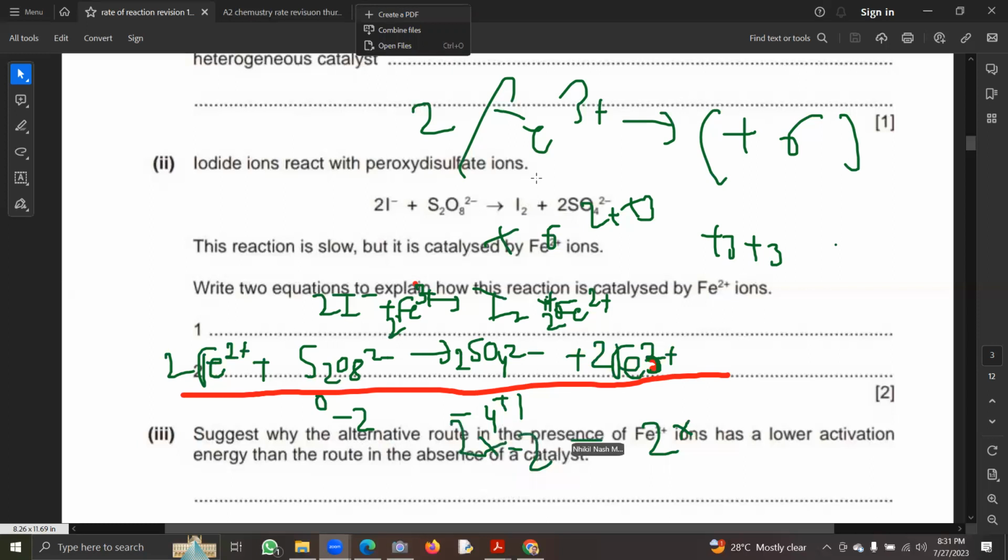So 2 into 2+ and 2 into 3+. Correct, both sides. Copy that. Then I'll do another one. Correct.